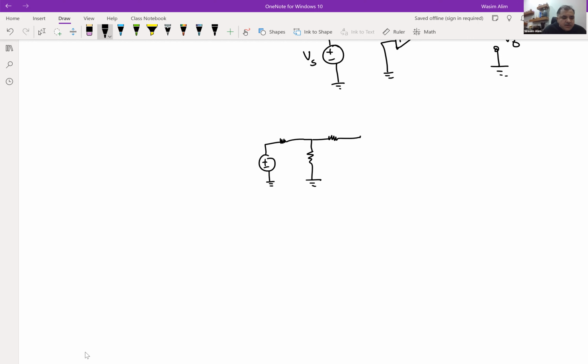Voltage level here, and in between I have an op amp connected here, negative terminal, positive terminal.